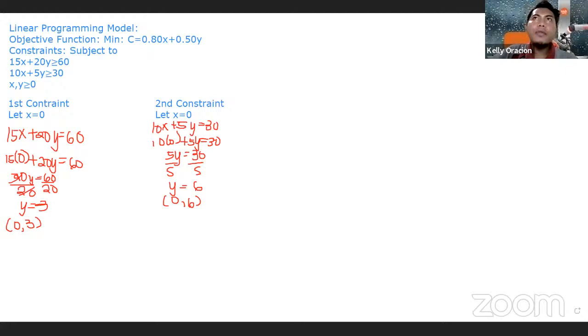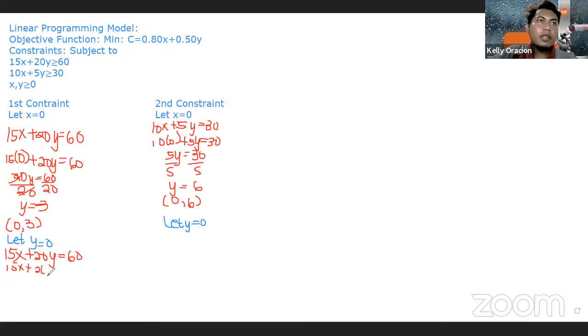Next, let's proceed to let y is equal to 0. Over here, let y is 0. Same equation: 15x plus 20y is equal to 60. And let y is equal to 0.